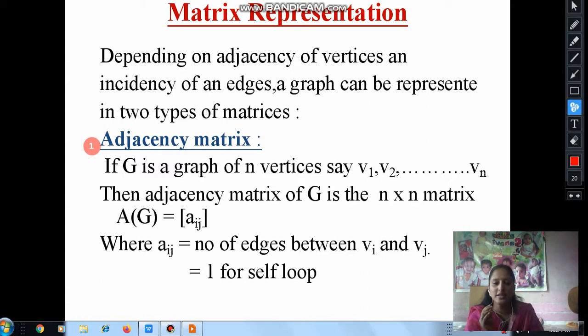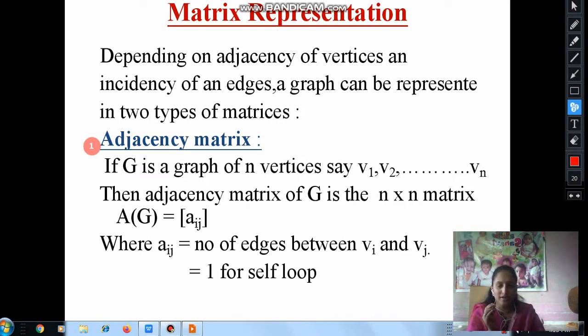If G is a graph on n vertices, say V1, V2 up to Vn, then the adjacency matrix of G is the n cross n matrix. If there are n vertices of the graph G, then the matrix of the graph G has the order n cross n, where n is the number of rows and n is the number of columns.